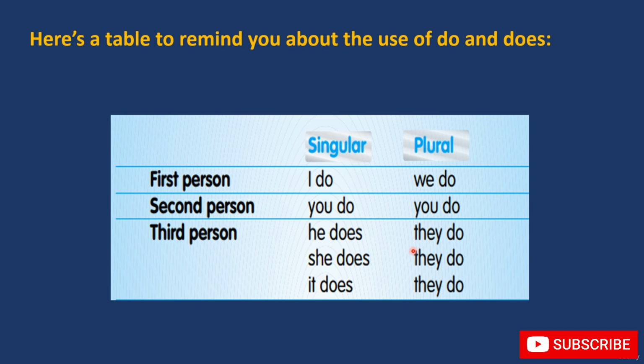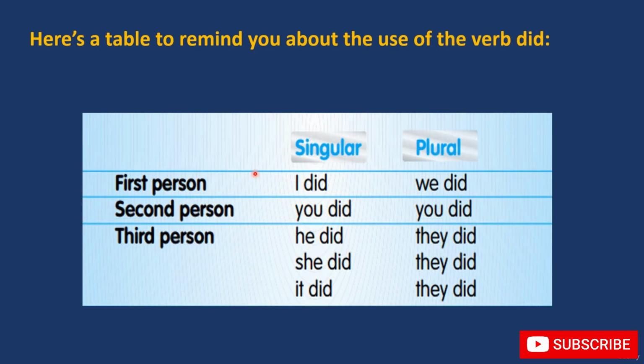And about the plural, they do. About the past, I did, we did, you did, he did, she did, it did, they did. So all of them will be did, because did is the past of all pronouns, singular and plural also.